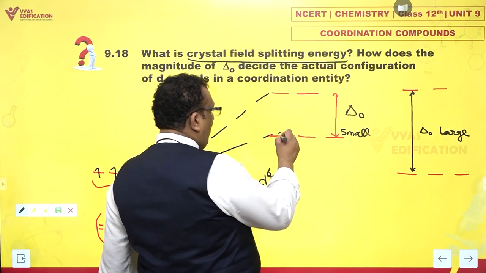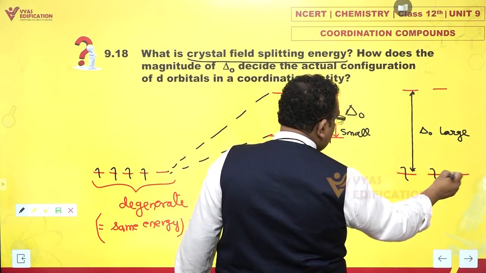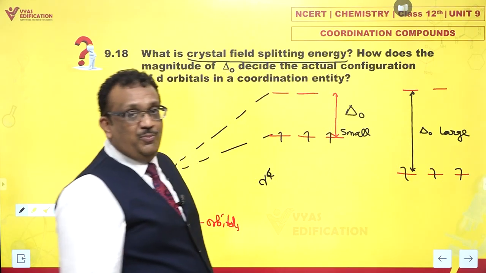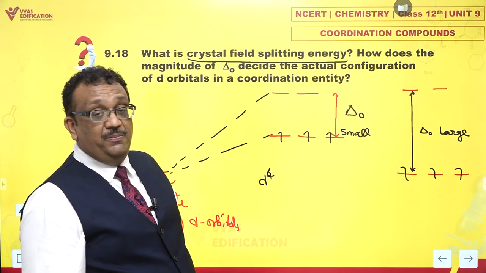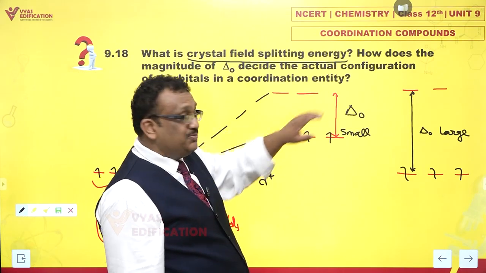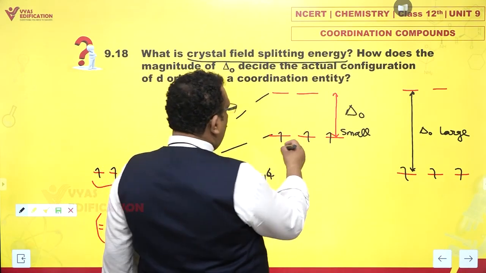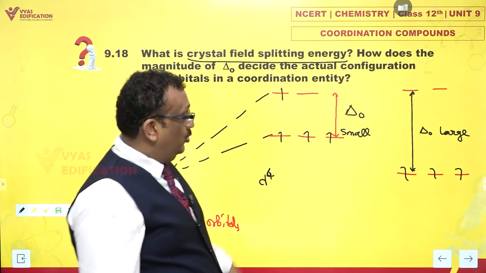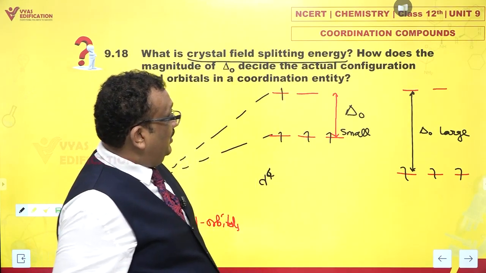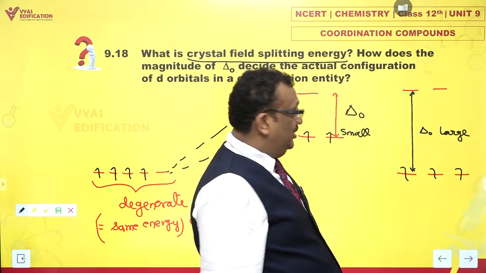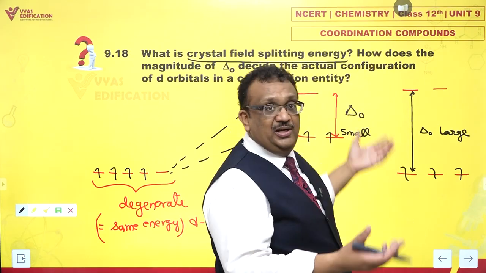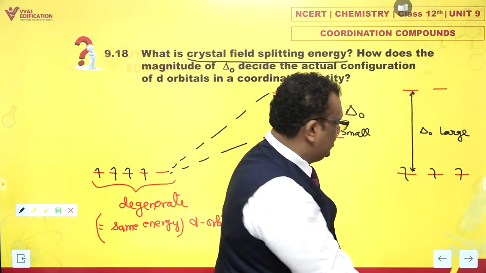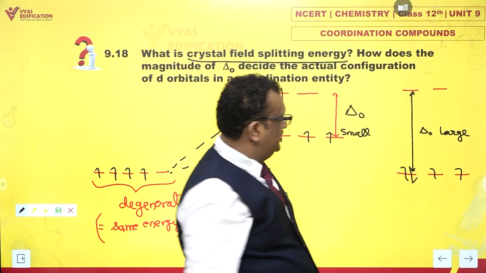Now, 1, 2, 3. Till 3 it is fine. But the moment you want to put the 4th electron, there is a problem. If the gap is small, the electron jumps up. But if the gap is too large, it can't really go up, and it falls down and pairs up like this.